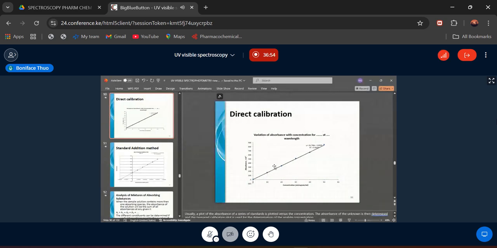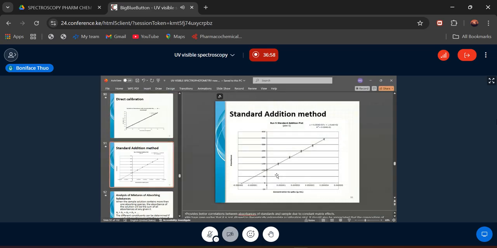So that shifts the curve upwards, giving you an intercept. So in this case, a known amount of standard, and the same amount of the sample, is added to each of the standard solutions and the absorbance measured.